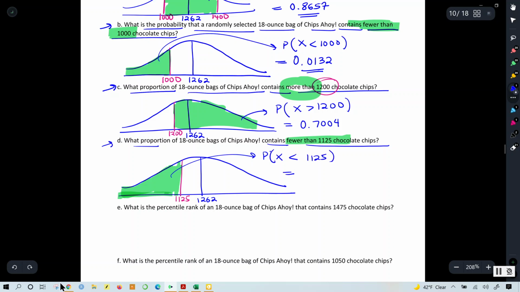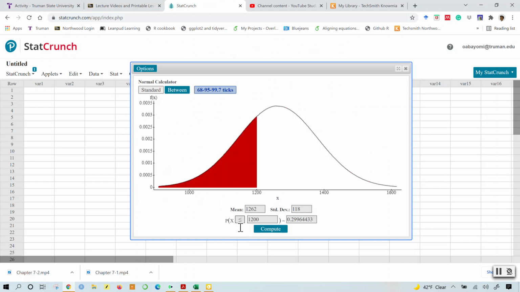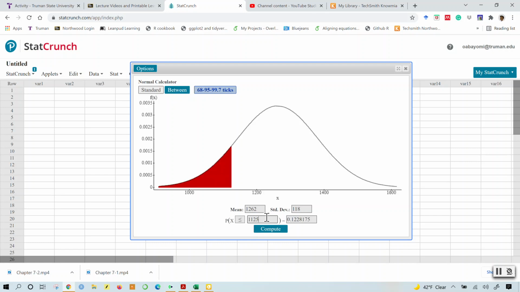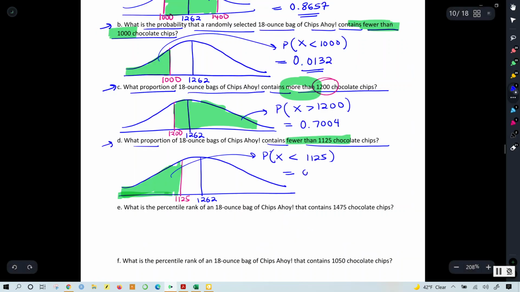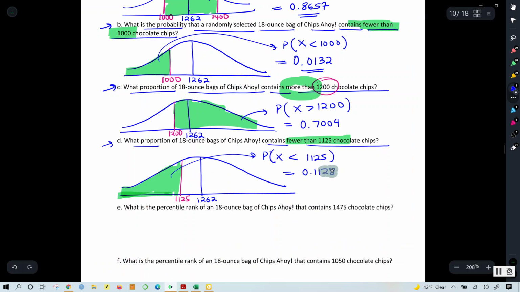I will go to StatCrunch, and I want less than 1125 and hit the compute button. So you have 0.1128. Just to be sure, 0.1228 rather.